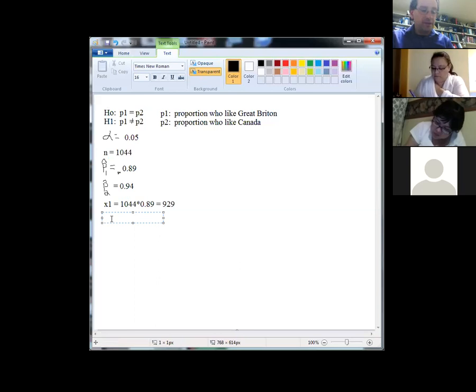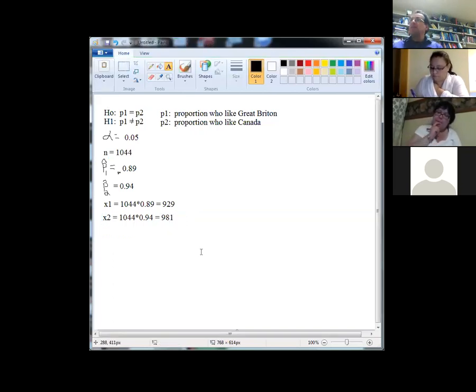And x2 is equal to 1,044 times 0.94. And that's about 981. We're going to need these for the calculator.